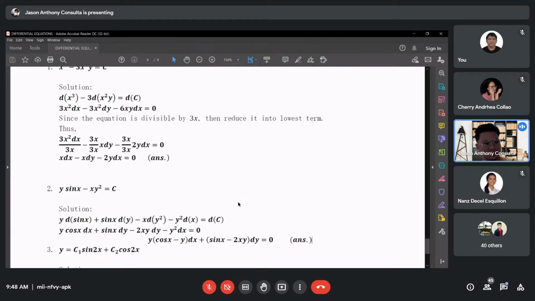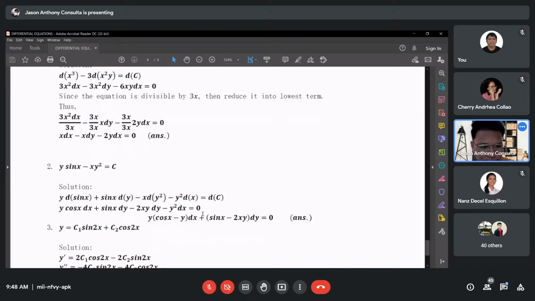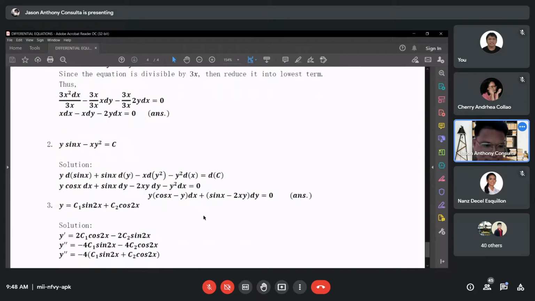So, how about dito? Y is equal to c1 sin 2x plus c2 cosine 2x. So, there are two arbitrary constant, right? So, we need to differentiate the differential equation twice. Okay? So the first derivative is 2C1.